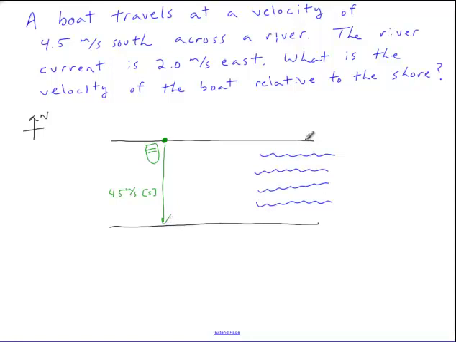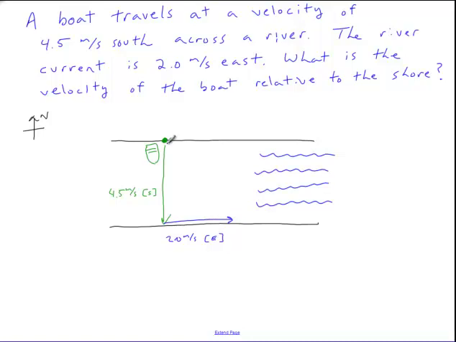However, we know that there is a river current, and that river current pushes it along this way, because it's moving 2.0 meters per second east. So this boat, even though it's pointed straight, ends up heading this way because the current pushes it downstream, and then it ends up over here.